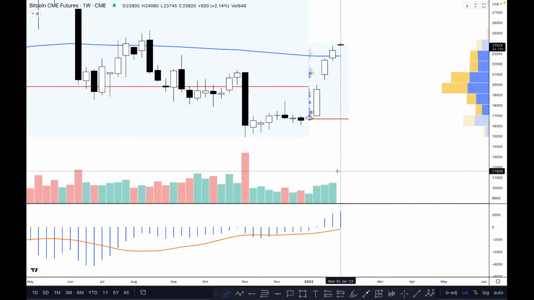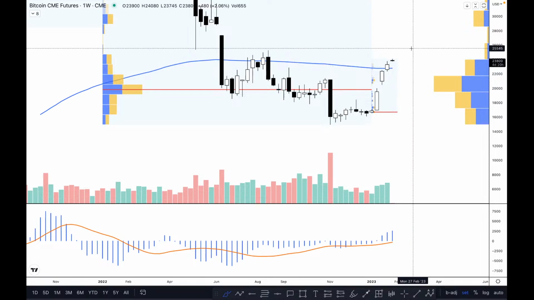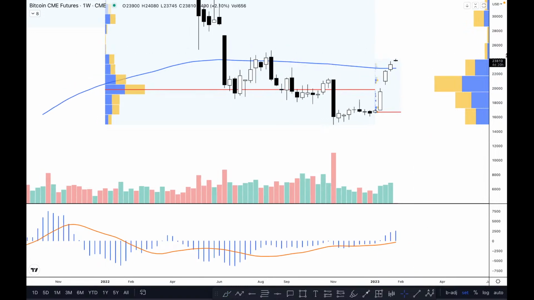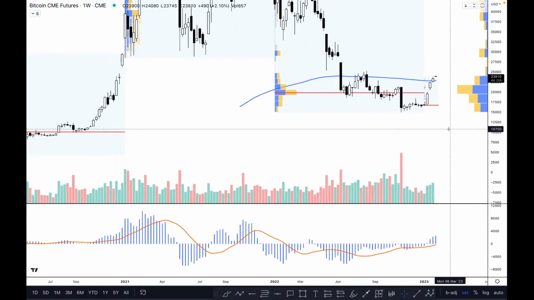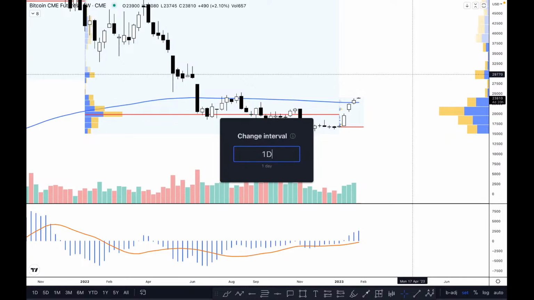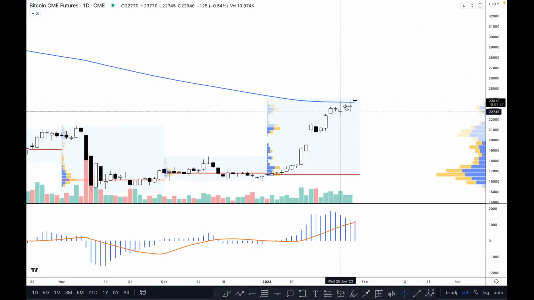So that's very interesting. We are now gapped above this 200 moving average on the weekly, so it doesn't really go below that much. I know in other charts it doesn't, at least. Let's go to the daily, and we're right at it on the daily.